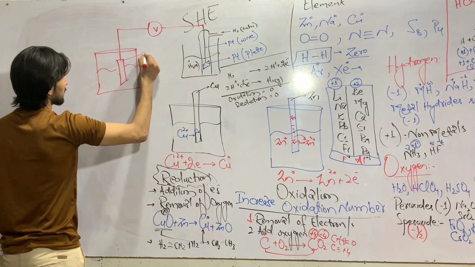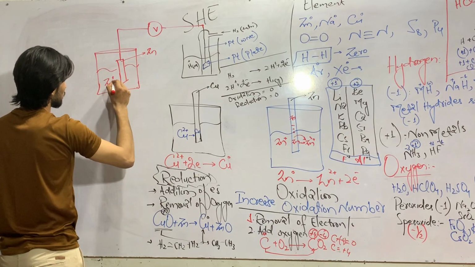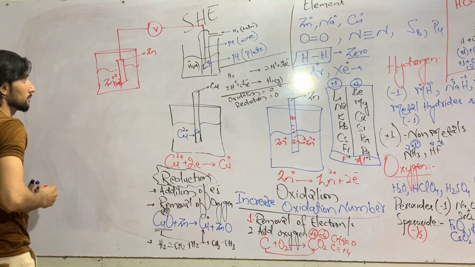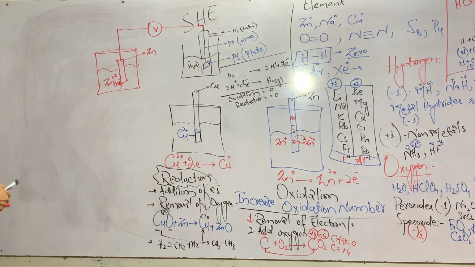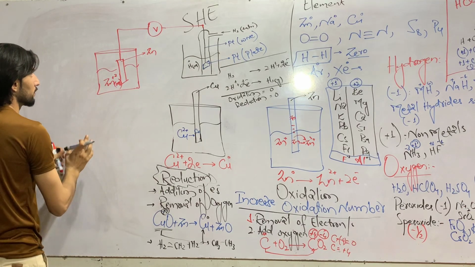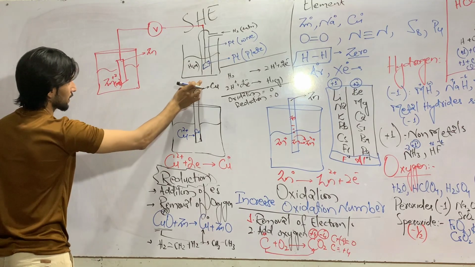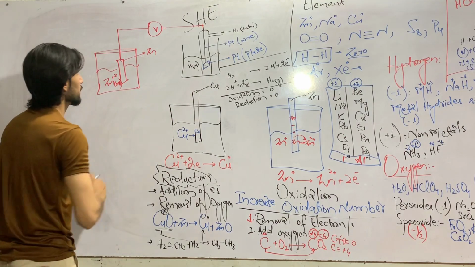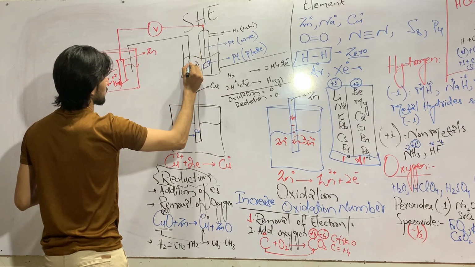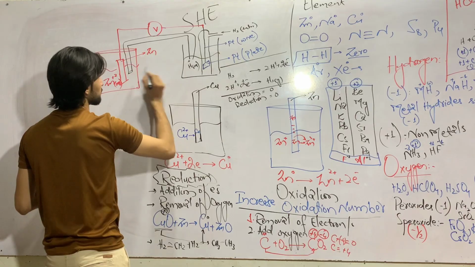Now here this is the zinc electrode, here this is the zinc solution, 1 molar. So this whole condition, this is a setup. I have now paired both the electrodes. This half cell I have connected with this half cell, and we will join them both with the help of a tube that contains an electrolyte.